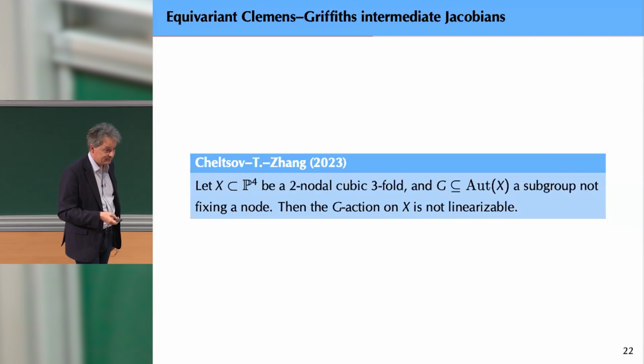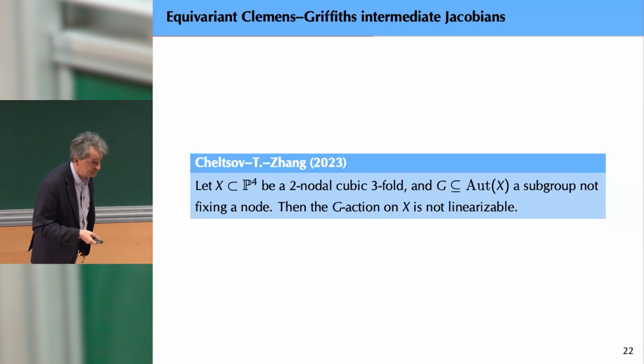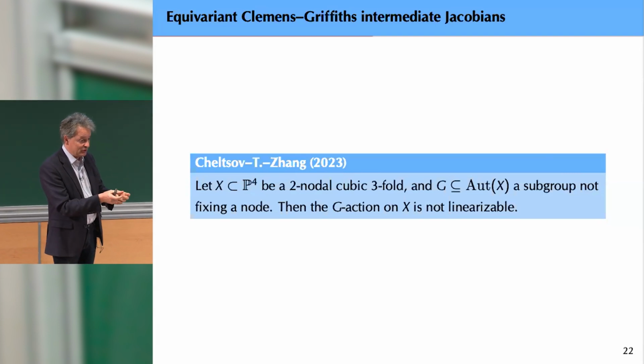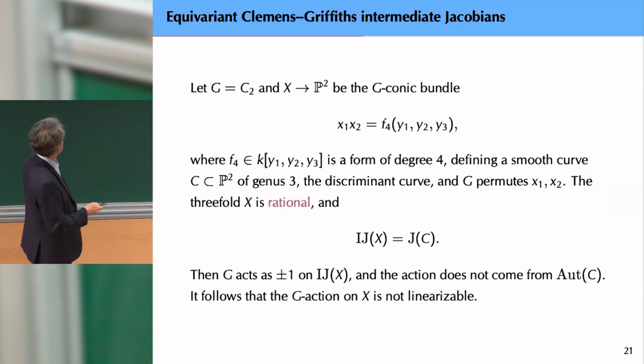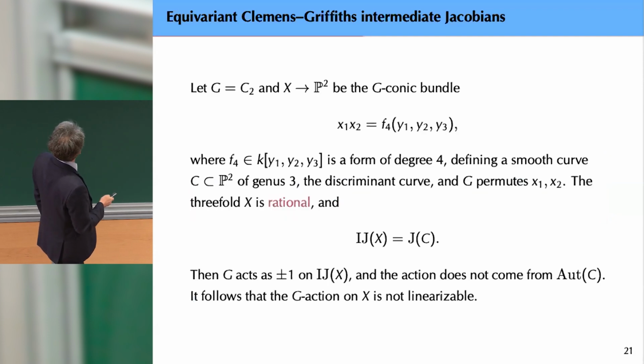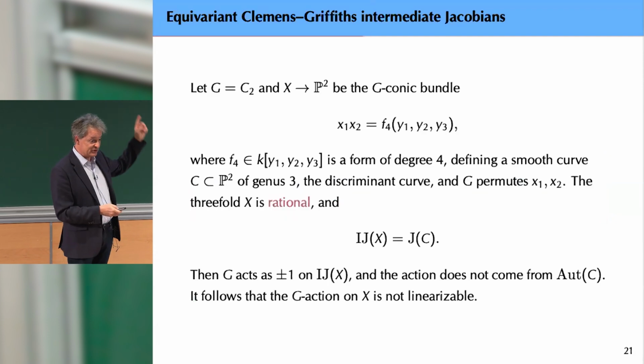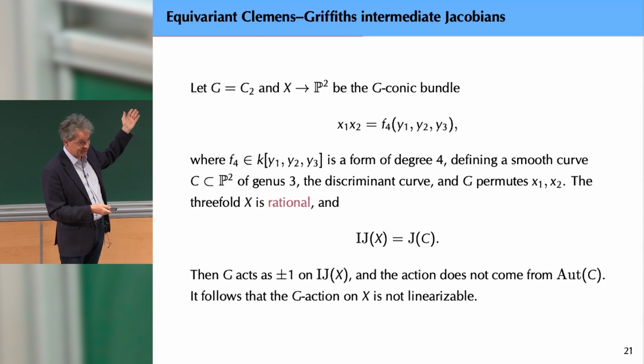What was the curve? The curve of genus 2? The curve is f4(y1, y2, y3) equals 0. It's a discriminant curve in P2. Could you go back to the last slide, please? Yeah. So you have a discriminant curve. I mean, it's a conic bundle. That's the discriminant f4.